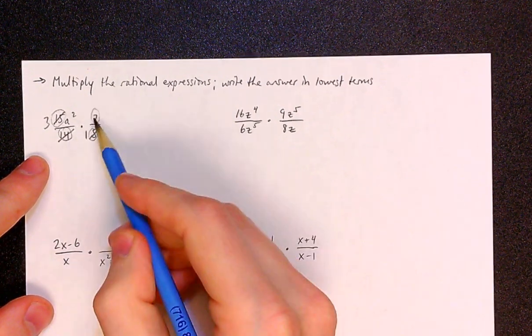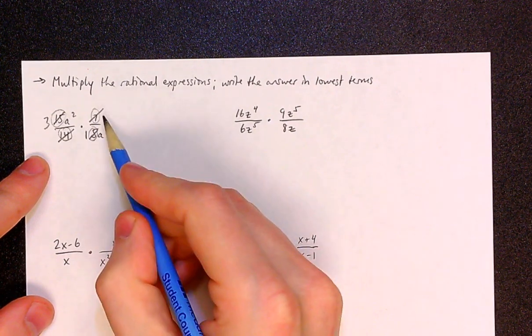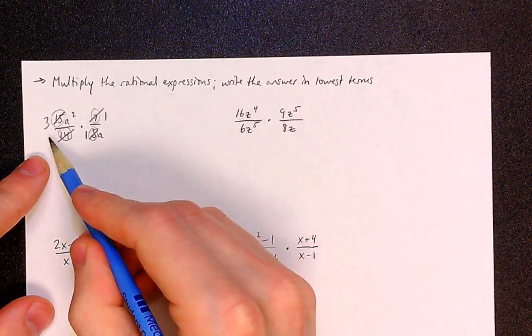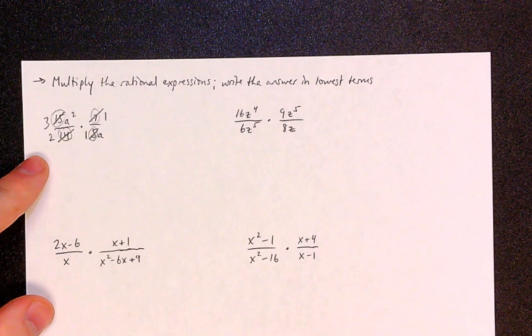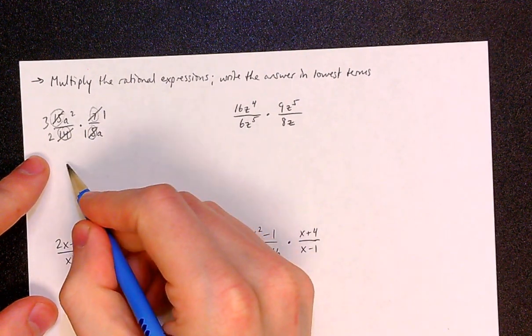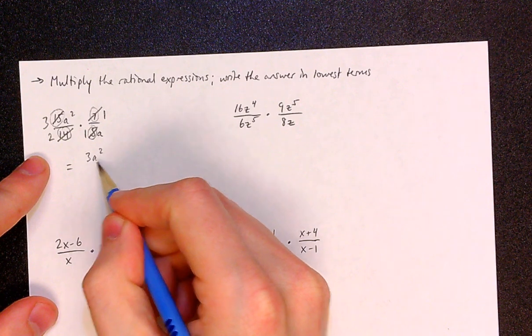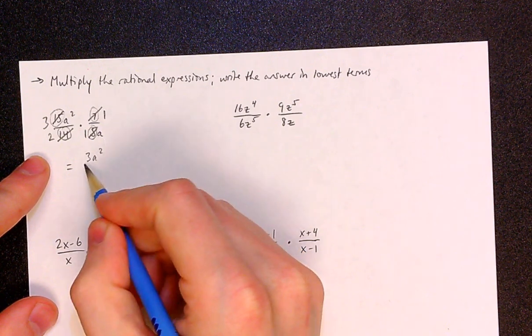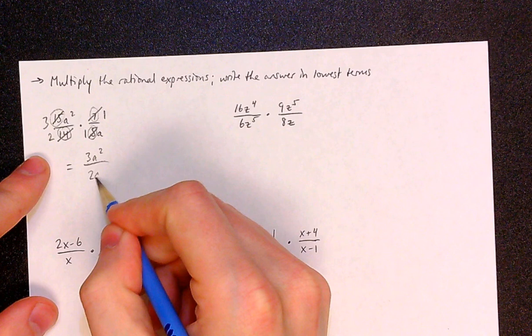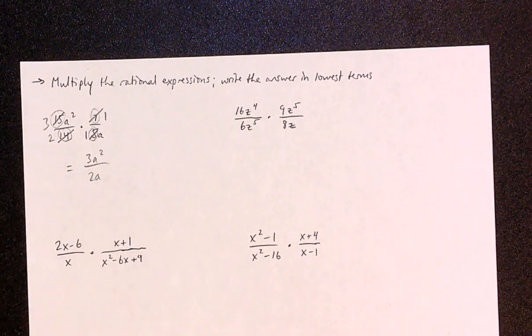So when I divide and cancel out that common factor of 7, I'm going to have a 1 here, and I'm going to have a 2 here. So here I have 3a squared times 1 all over 2 times 1a, or 2a.